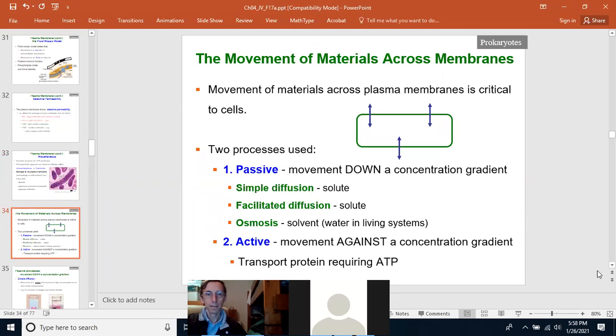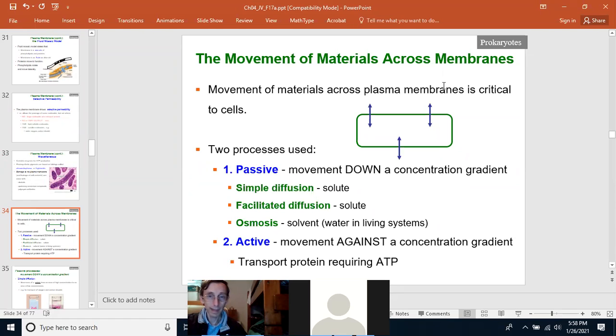All right. Let's talk about the movement of materials across membranes. We're going to talk about it as if it was the cell membrane, and that is the only membrane you see in bacterial cells.